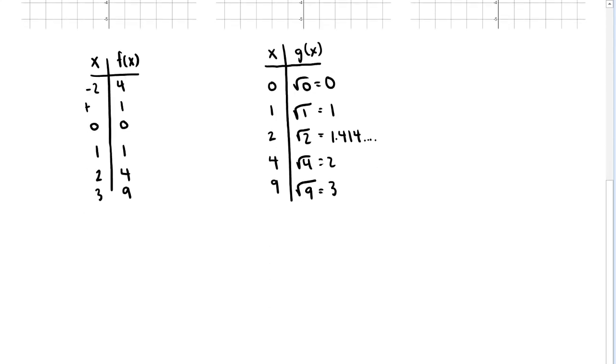Okay, so we could try and plug in a negative number, right, like -4. But here, if we do that, and we take the square root of -4, well, this is some imaginary number, and I don't want to go there quite yet. I just want to talk about real values.